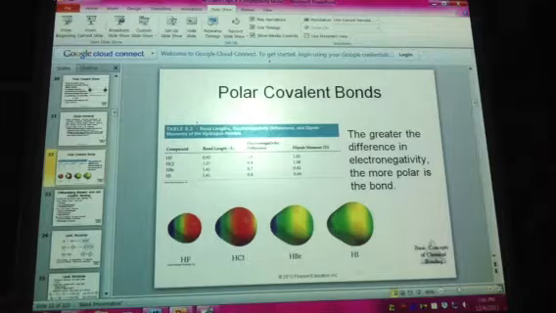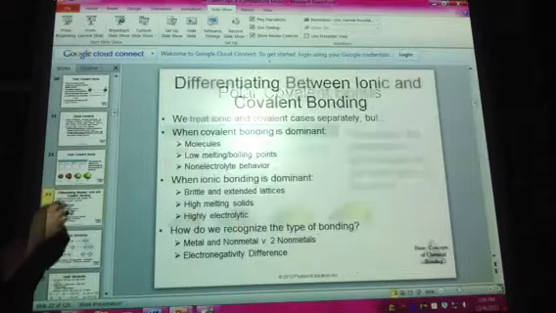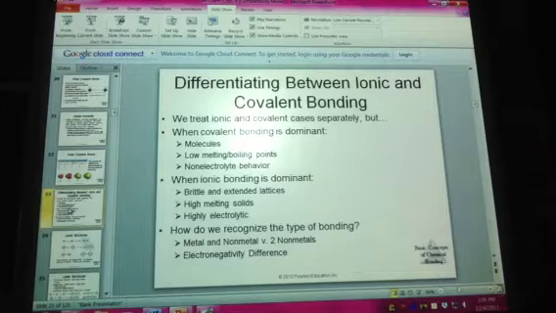So let's go to this last thing here before we get to Lewis structures, differentiating between ionic and covalent bonding. So we treat ionic and covalent bonding separately. And if we think about covalent bonding, we think about molecules. They are non-electrolytes, meaning that if we dissolve them in water, they don't dissociate into ions.